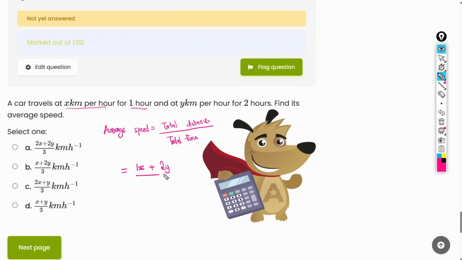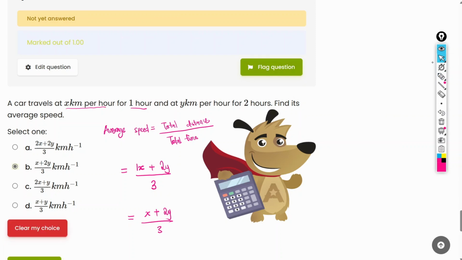Then divide by, what's my total time? That's 3 hours, because I traveled for 1 hour and I traveled for 2 hours. So I should be looking at anything that says x plus 2y over 3. X plus 2y over 3, that's option B. Again, total distance over total time gives you average speed.